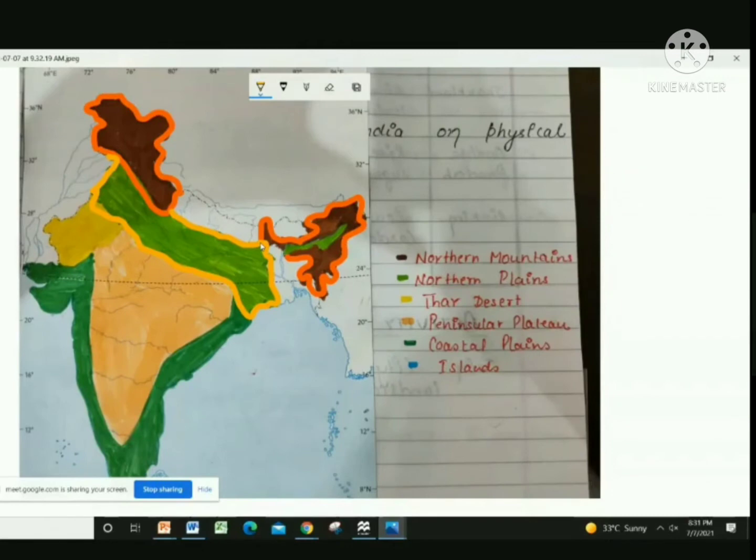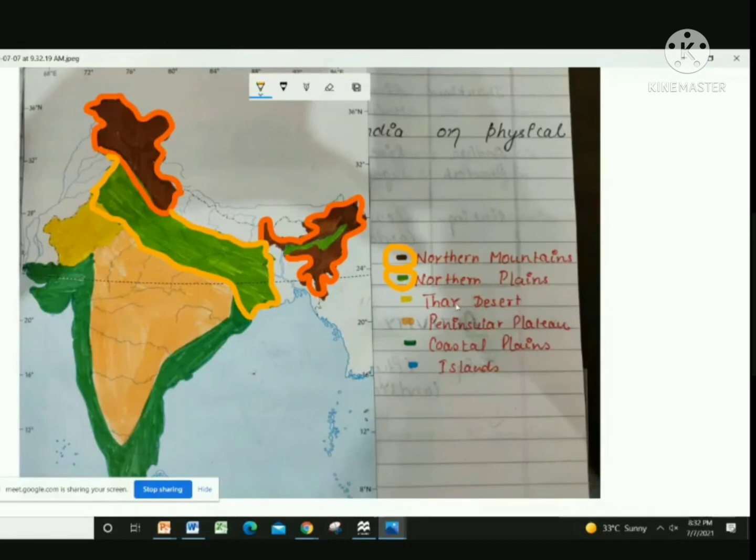Punjab, Haryana, Uttar Pradesh, Bihar and West Bengal are some of the states that are located in the northern plains. Some parts of Assam and Tripura also lie in the northern plains. So we have already understood the location of the northern mountains and the location of northern plains.